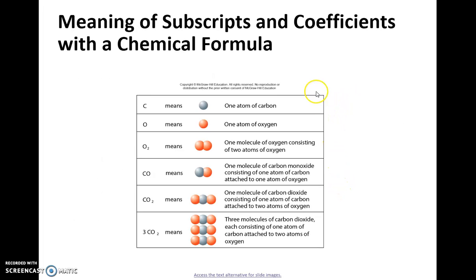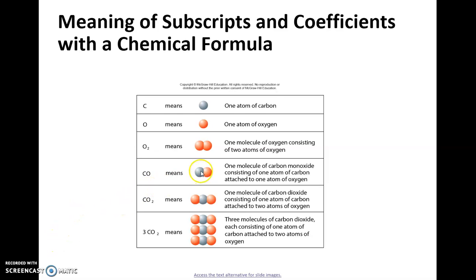Alright, so this little chart just shows us the meanings of these different subscripts. If we just have the element symbol, that means we have 1 atom of that particular element. If we have a subscript, that means we have that element, but it's bonded together within the molecule.